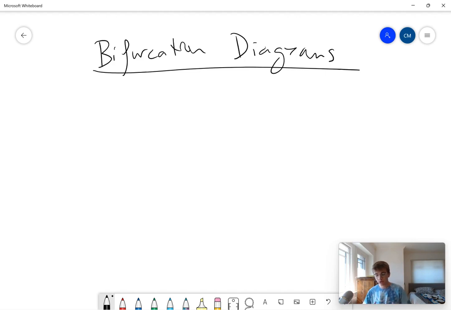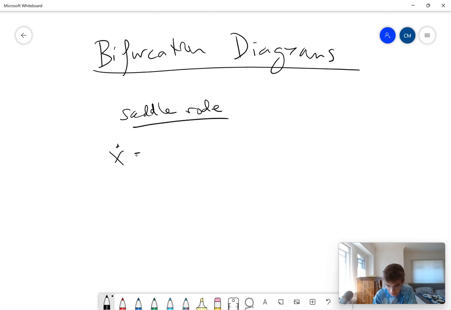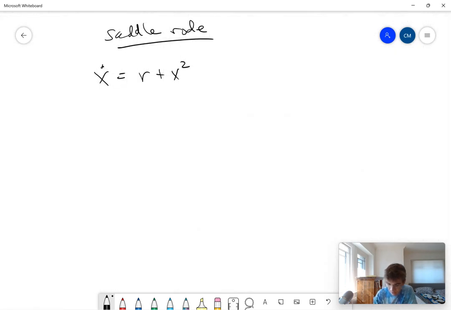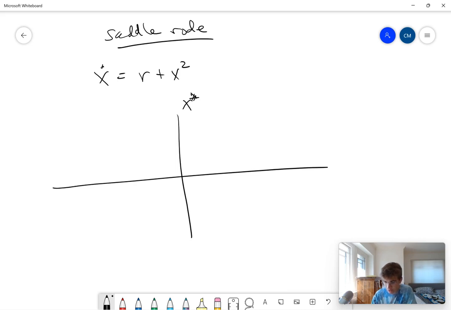And specifically, we want to look at how the fixed points of the system change as we change r. Okay, so if we just go back to the saddle node for a minute, we have x dot is equal to r plus x squared. Now let me plot the fixed points x star as a function of a change in parameter r.